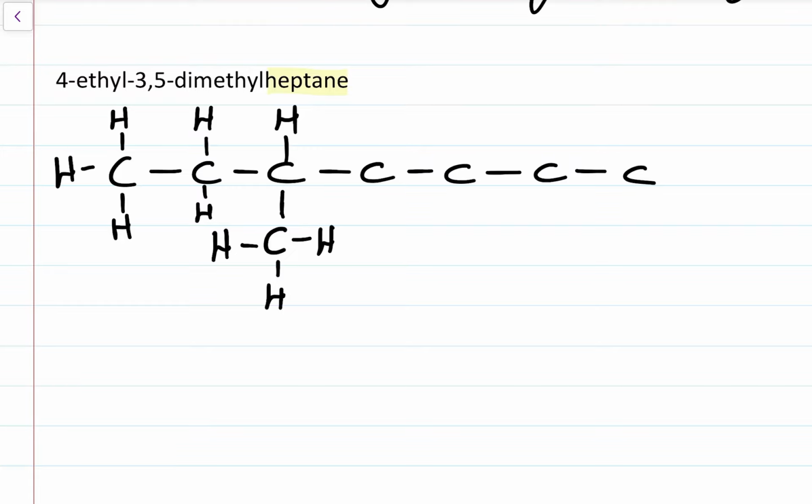Carbon 4, I'm going to draw my ethyl going like this, and then we'll have her come out here like that, like that. There's going to be an H on that one. Now it's getting crowded up in here, what we call steric hindrance, technically.